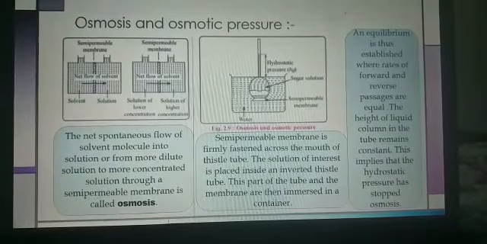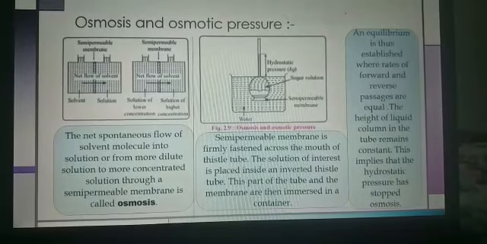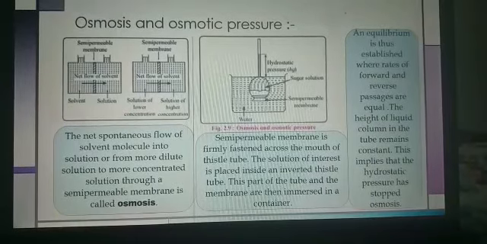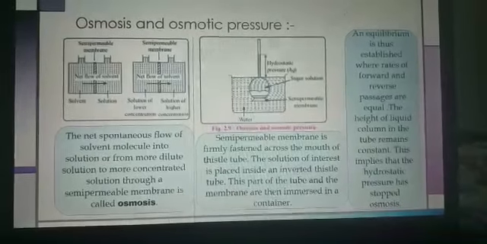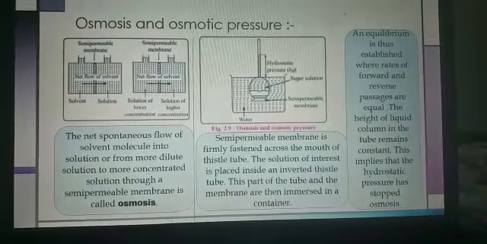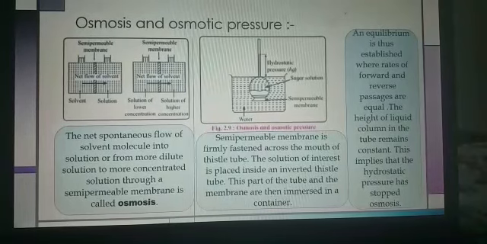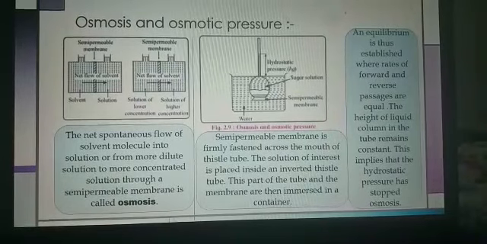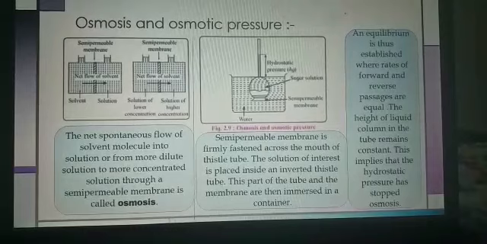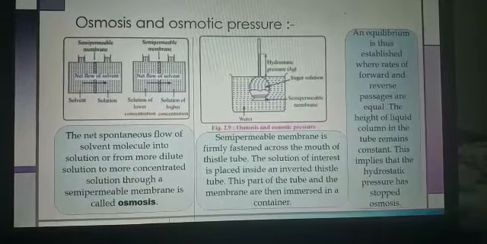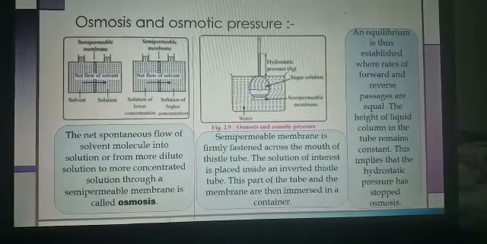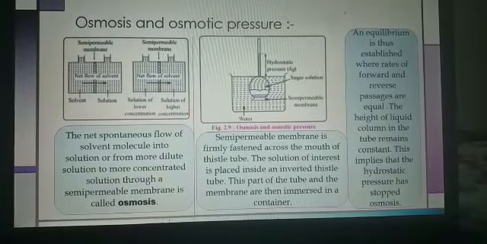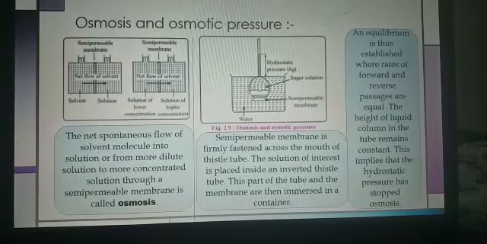The net spontaneous flow of solvent molecules into the solution, or from the dilute solution to the more concentrated solution, through a semi-permeable membrane is called osmosis. Is it clear? So what happens?